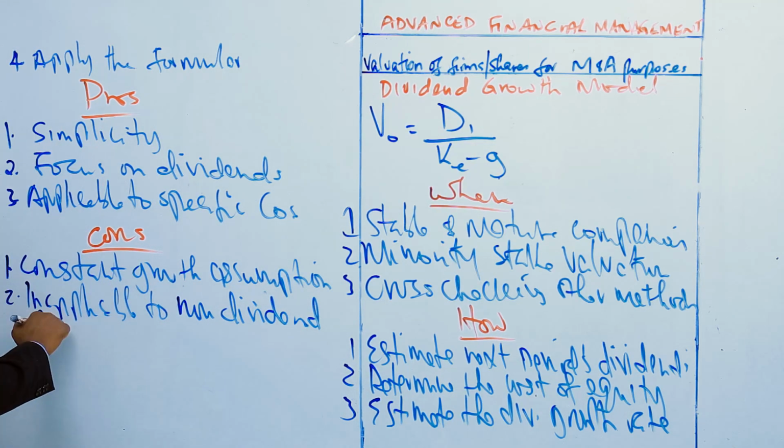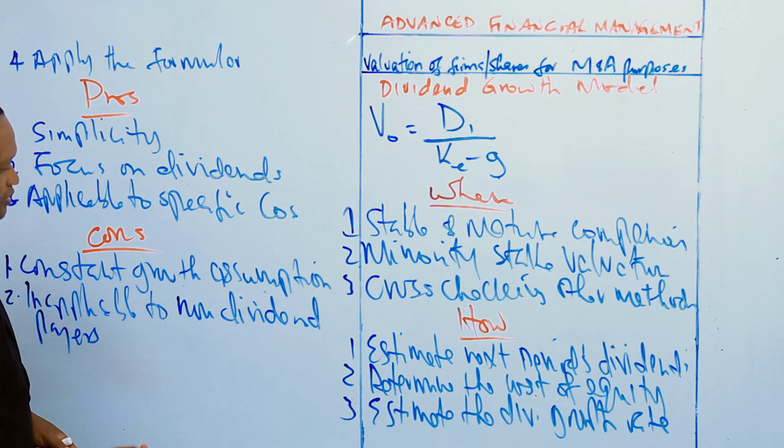Those companies that don't pay dividends cannot use this method. Many companies, especially growth companies, the companies that are growing, do not pay dividends, which makes this model unusable.